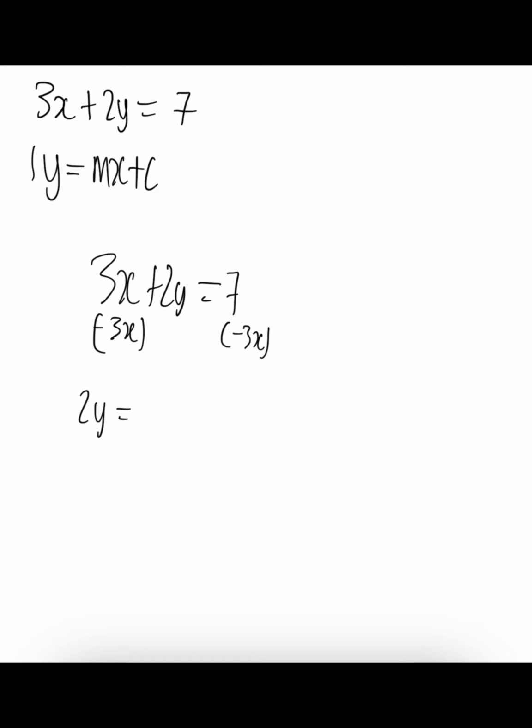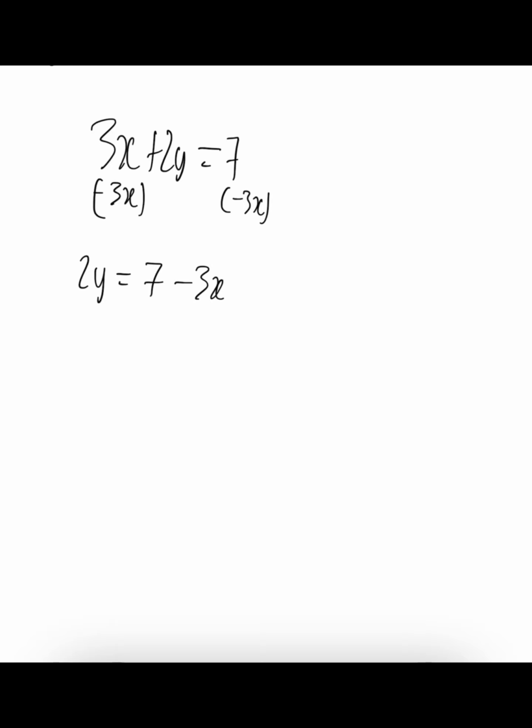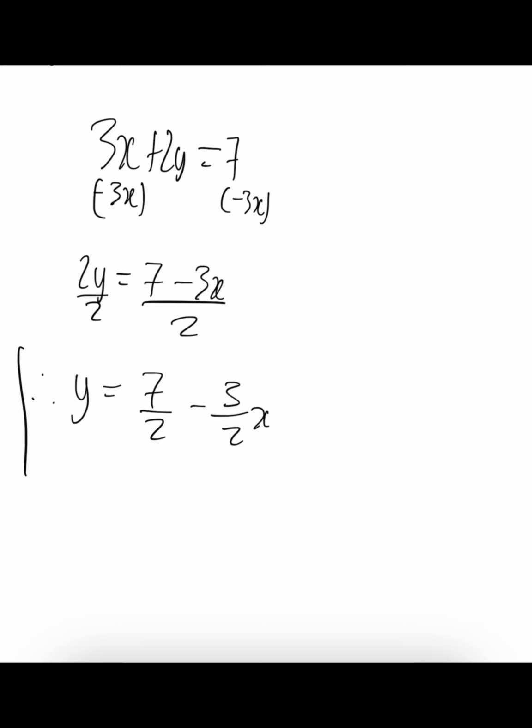That gives us 2y equals 7 minus 3x. And then we can just go for this. We have 2y. So we just divide by 2, y equals 7 over 2 minus 3 over 2x, and that is your answer. Done.